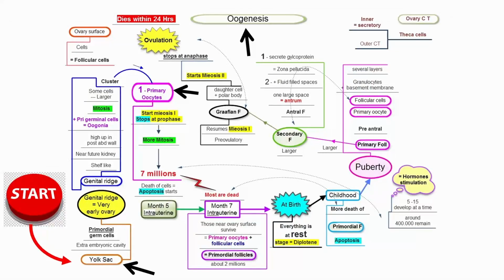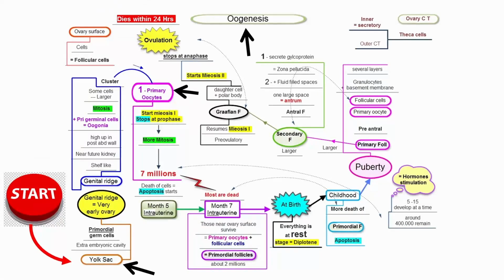The genital ridge is a shelf-like structure medial to the future kidney, and it is higher up in the posterior abdominal wall, and it is going to house the primordial germ cells, which are called oogonia.